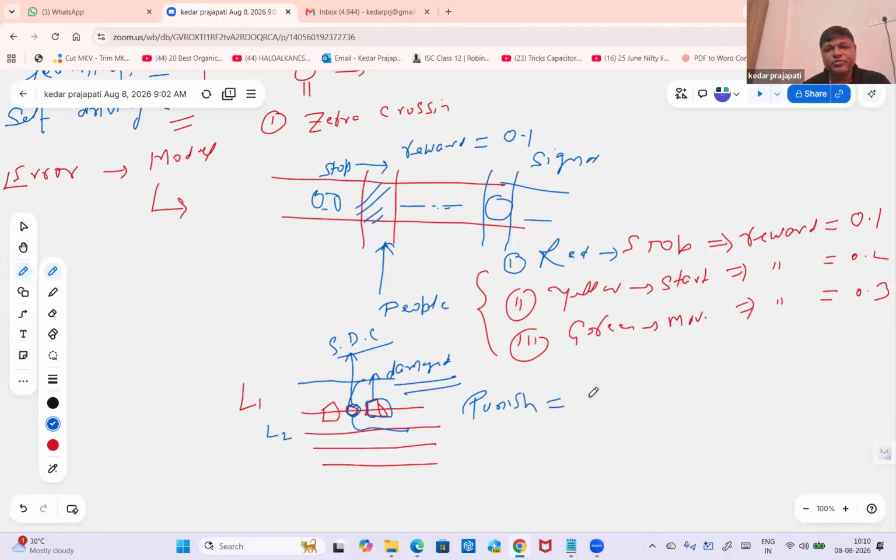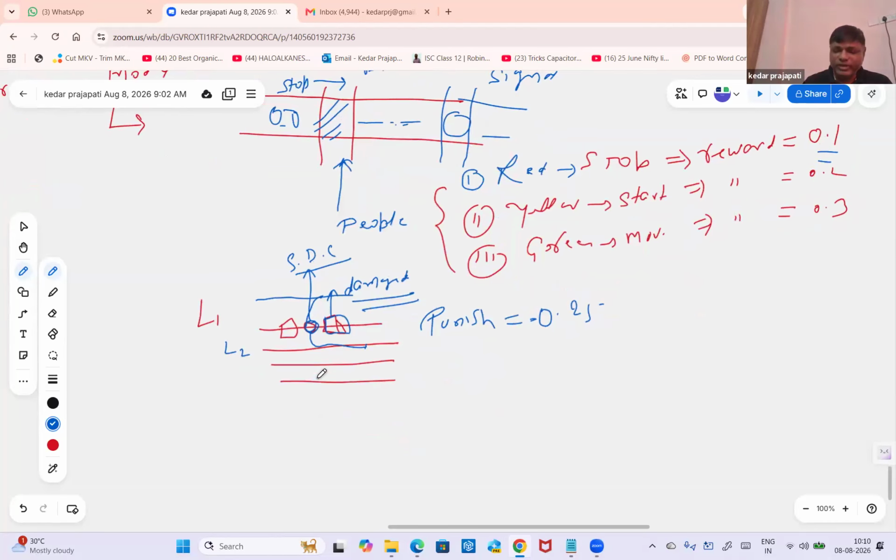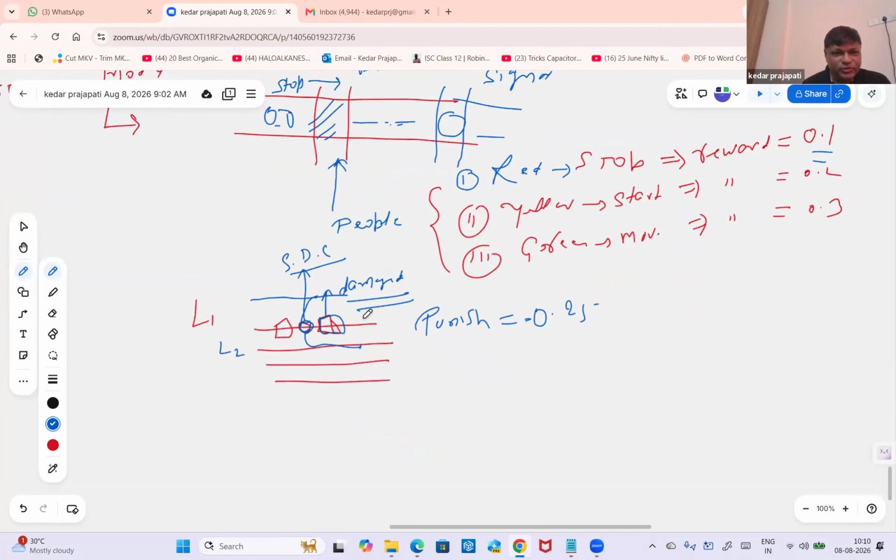So the reward will be smaller, and the punishment will be big. So you are giving something like 0.25 of punishment. This way, using the trial and error method, giving rewards and punishment, whatever model we create, that is known as reinforcement learning.